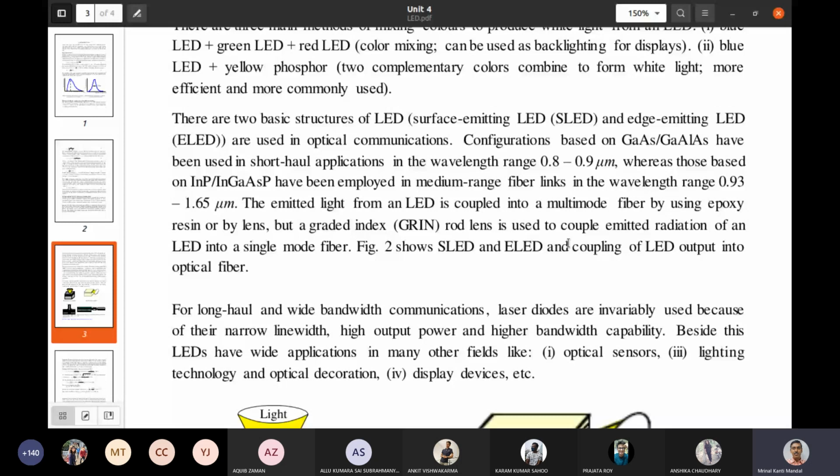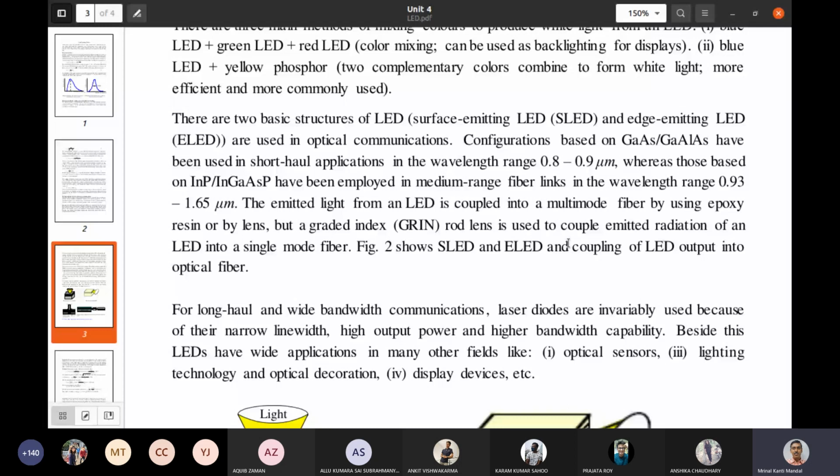Now basically this LED, as I have already mentioned, is mainly used for optical communication, for short haul communication or short distance communication in the wavelength range of 0.8 to 0.9 micrometer.